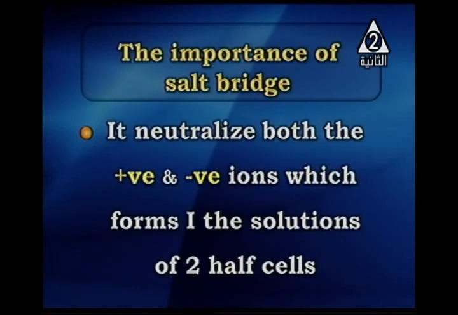It neutralizes the positive pole and negative pole, if I have an acid or base in one of them more than the other, to stop the reaction. It makes a neutralization to pass the electric energy from the first half to the second half, from the positive pole to the negative pole, through the solution. Because we have a solution, it needs free ions that move to produce electric energy.